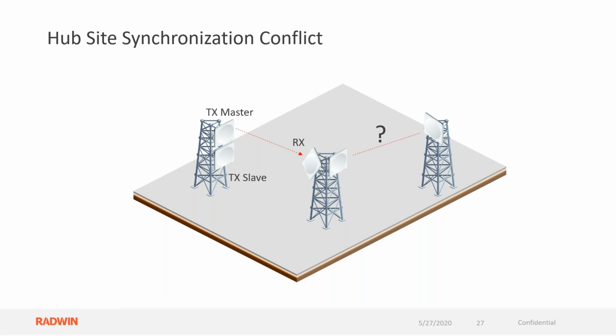Now, the challenge and the conflict was to determine for the second link whether it is receiving or transmitting. If I assume that the first tower is transmitting, I can say that the second unit is definitely receiving, but I don't know about the third leg of this deployment. I can only assume that it can be either receiving or transmitting.